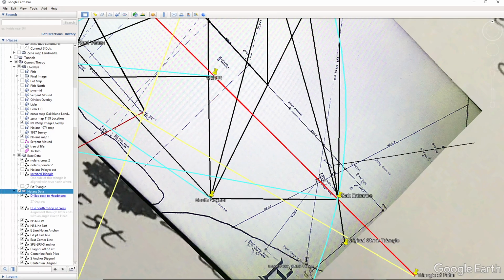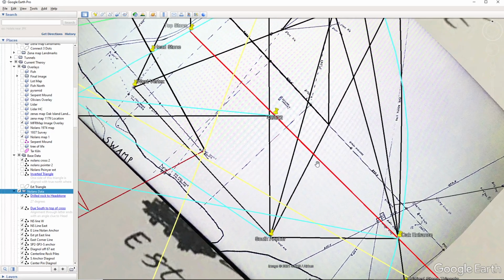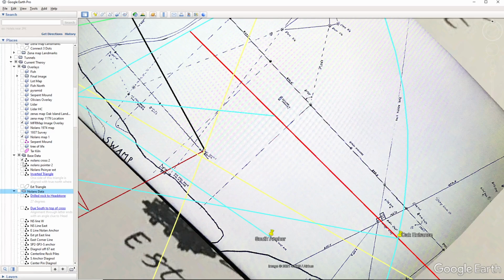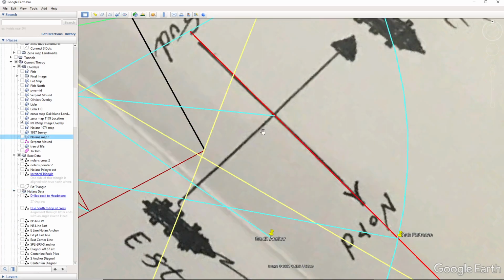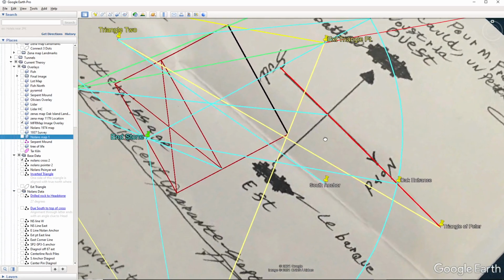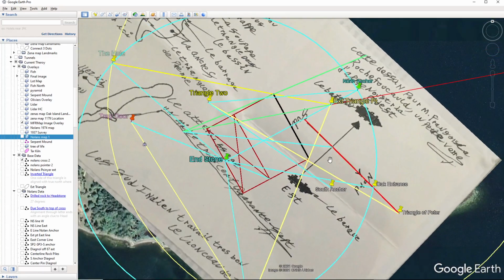So this all corresponds, and it is very, how can I say it, integrated, that it couldn't possibly be something that was made before Nolan's Cross.